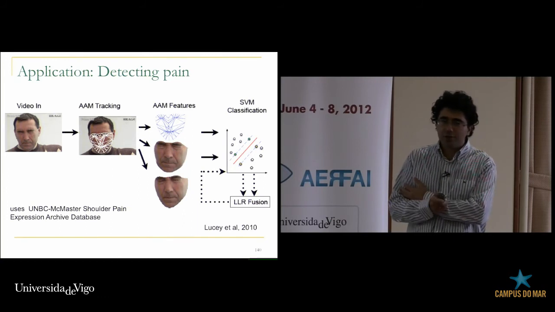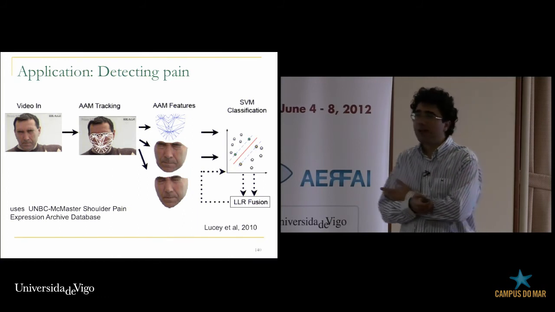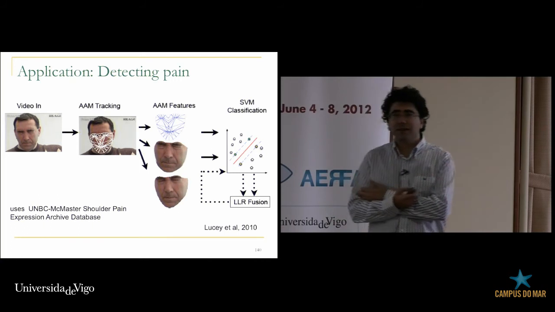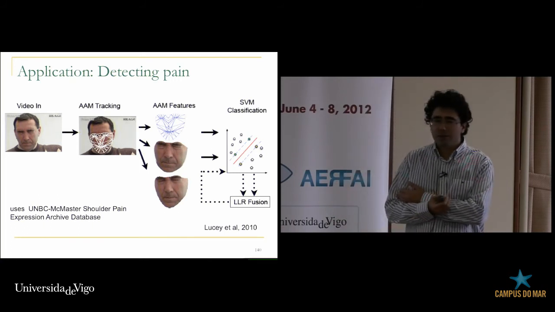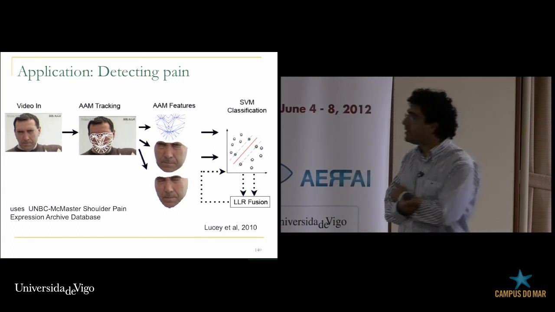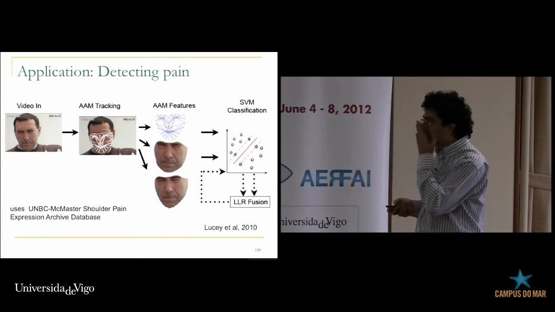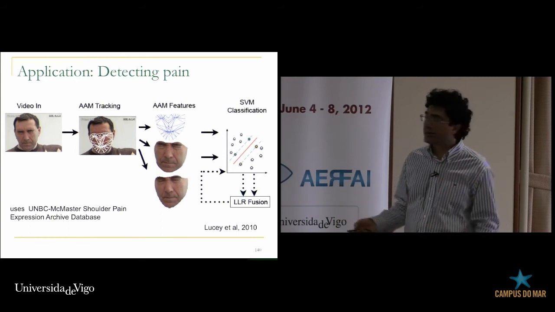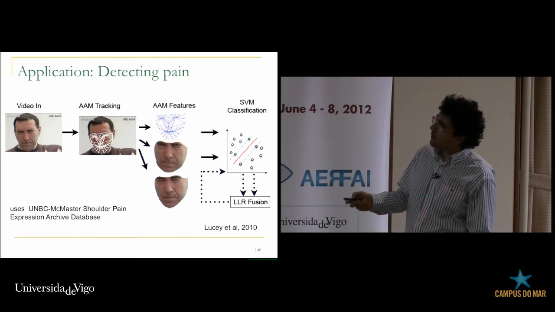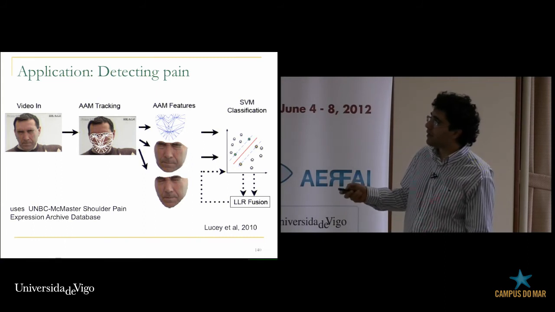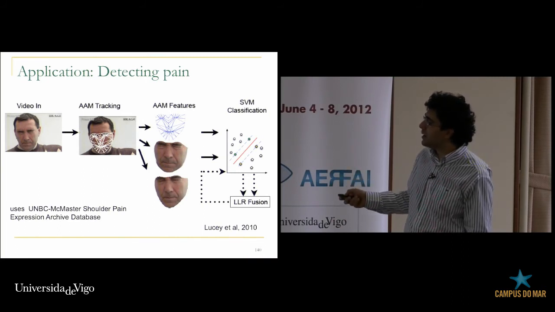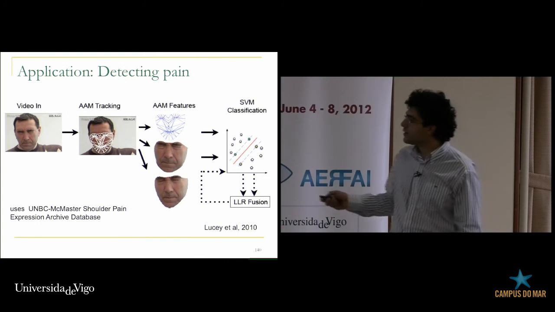So you have to find a place where pain is occurring naturally and obtain the permission forms from people in pain, which may be really difficult, and then record this in controlled conditions so that it's a useful database. Here you have the processing pipeline, again, video in, tracking with active appearance models. The feature locations are selected, an SVM classification, and logistic regression-based fusion.